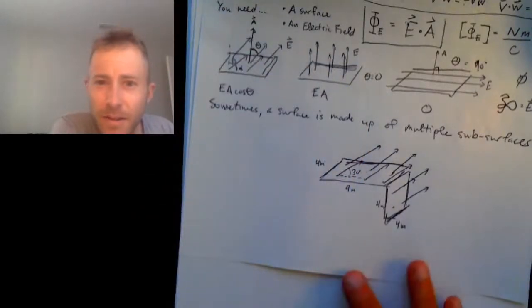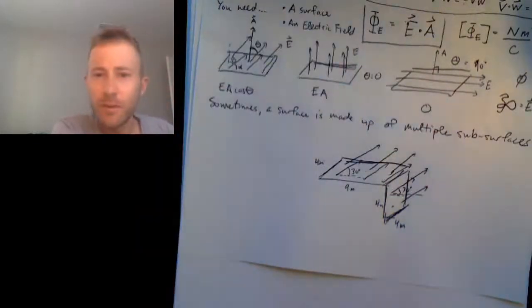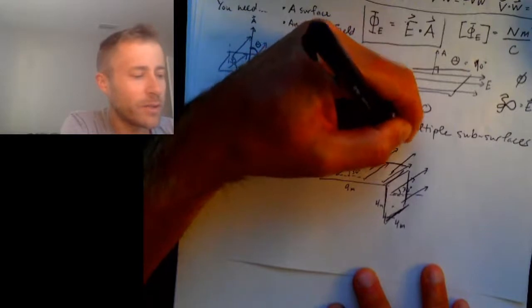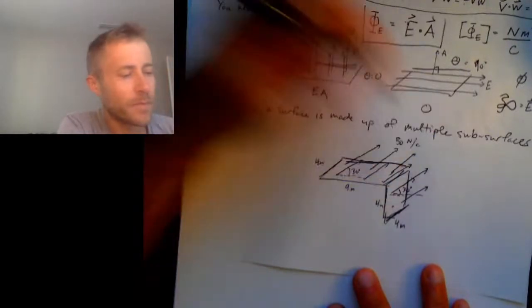Okay, so that angle is 30 degrees, and also this angle is 30 degrees. And the electric field has a strength of, let's say, 50 newtons per coulomb.